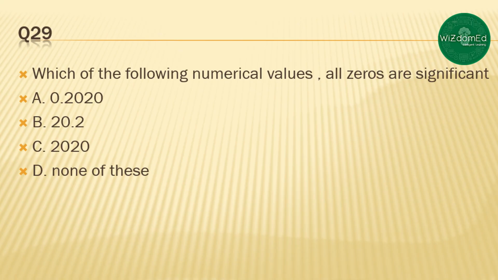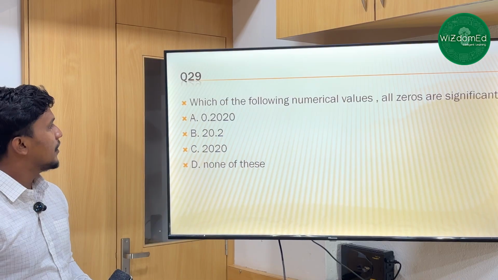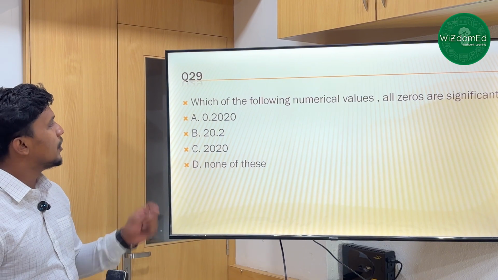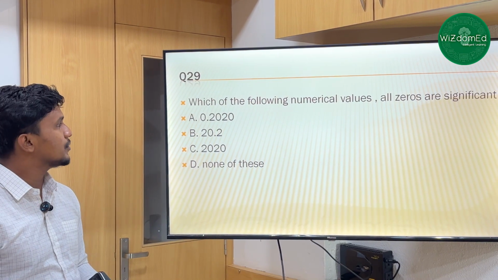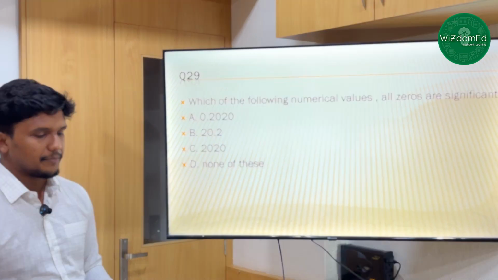With the second option, 20.0, the zero between the two numbers is significant. In option C, we have 2020, where only one zero is significant, not both. So the correct option will be option A, where 0.2020 is significant.